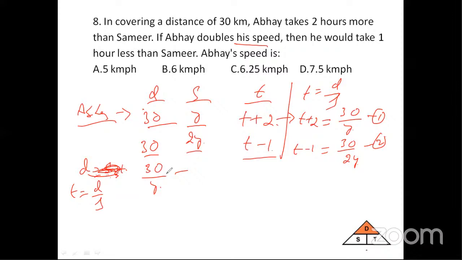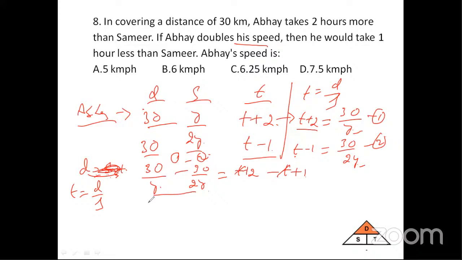Now what I am going to do here is equation 1 minus equation 2. So 30 by y minus 30 by 2y is equal to, in the equation we have t plus 2 minus equation 2, that is minus t plus 1 it becomes. So here what happens? T and T get cancelled. So what do we have in the denominator?